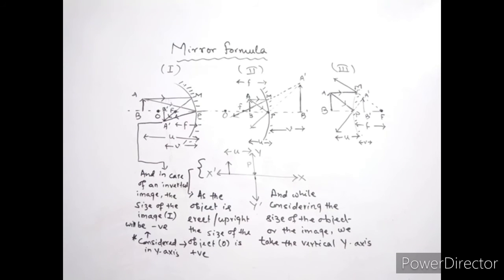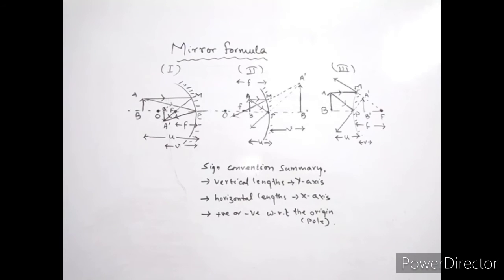So the size of the object or the image is considered along the y-axis. The basic summary of the sign convention is that the vertical lengths are taken along the y-axis and the horizontal lengths are taken along the x-axis, with the positive or negative signs indicated with respect to the origin or the pole.